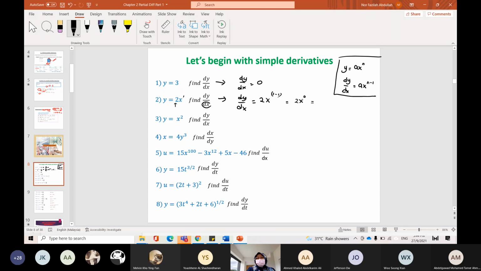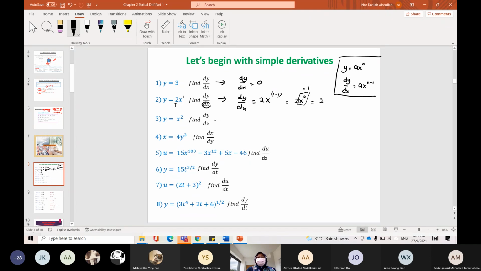Everything that has a power or index of 0 is equal to 1, so x to the power 0 is equal to 1. That's why here you get the value of 2. So when you derive 2x, you will get 2.